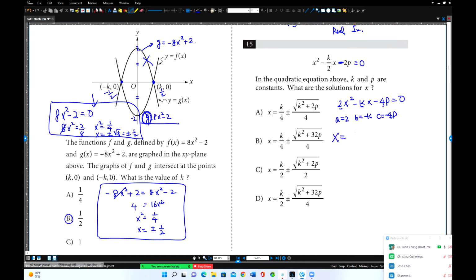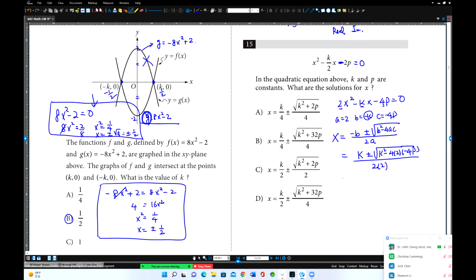The quadratic formula is negative b plus or minus the square root of b squared minus 4ac, over 2a. You remember this one, right? Now substitute. b is negative k, so negative negative is positive k, plus or minus the square root of b squared, which is k squared, minus 4 times a, which is 2, times c, which is negative 4p, over 2a, which is 2 times 2.